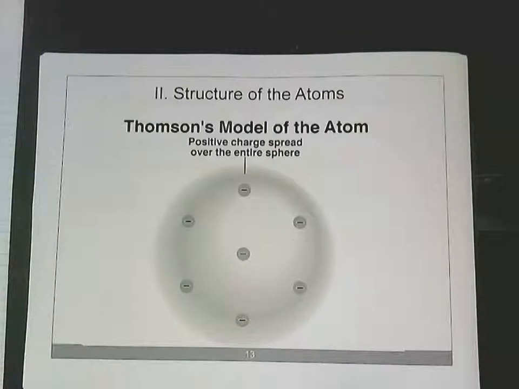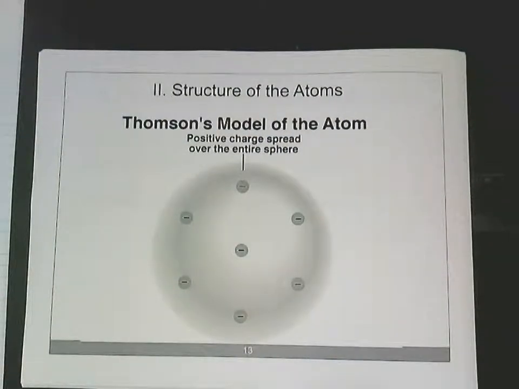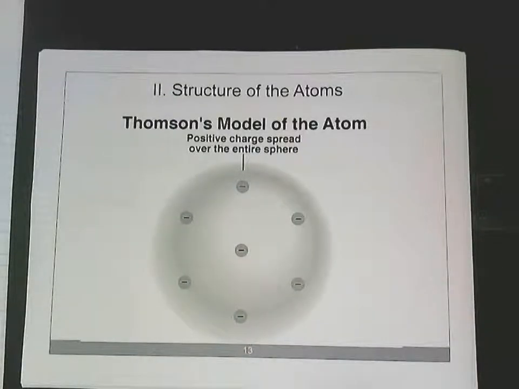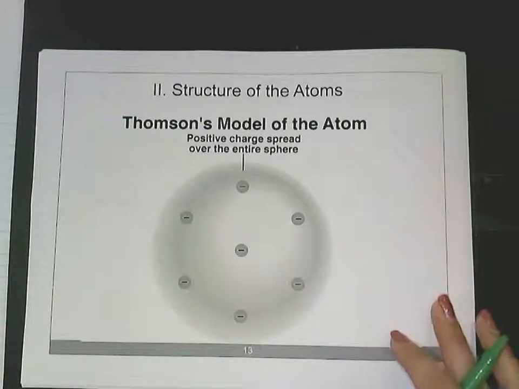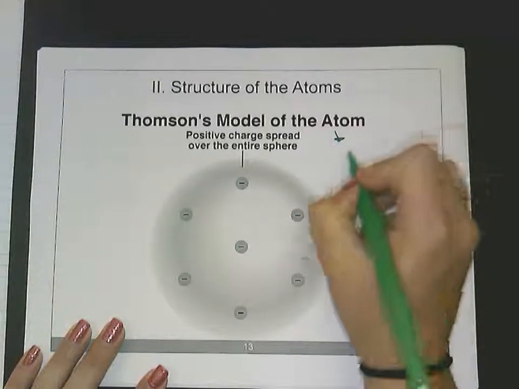Maybe, maybe. Where the electrons are the blueberries, and then the rest of the atom shape is just positive in general, just a big old shape with some negative bits in it.